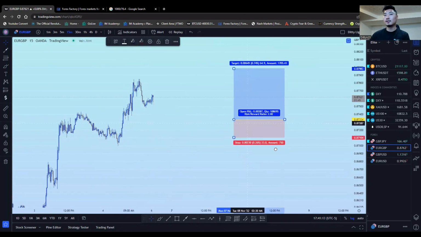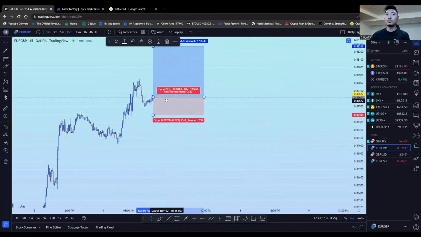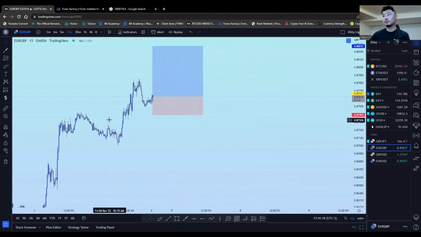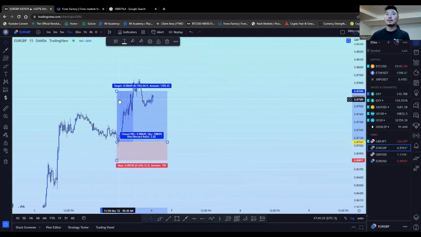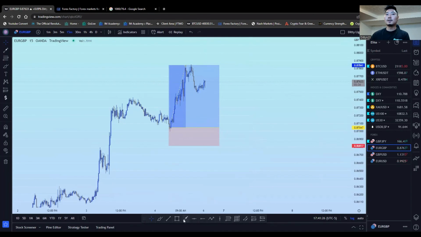So this simulates the position having to touch the last candle. Or if you have this kind of chart, it means that person took a long here on EG, Euro GBP, and he's currently in profits.